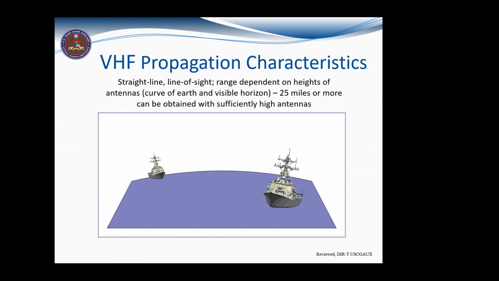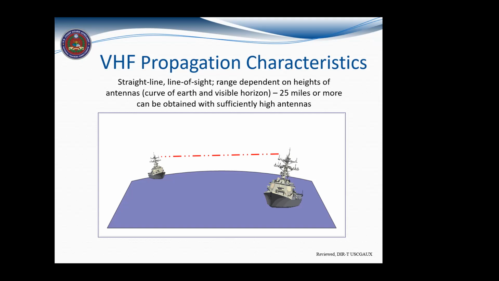The higher your antenna, the farther you can see to the horizon, and the greater the distance you'll be able to reach with a VHF signal. They tell you that the VHF radio will go slightly beyond the visual horizon, but for the most part, I would consider that to be your effective range.